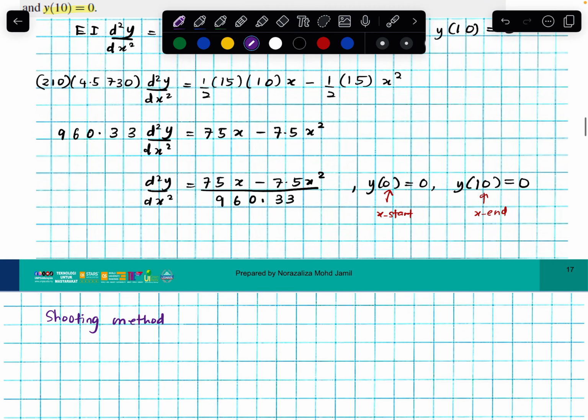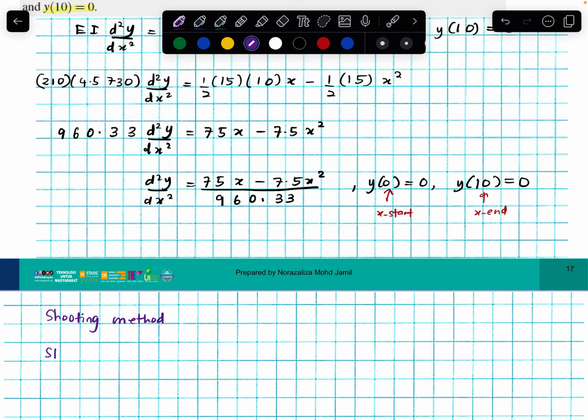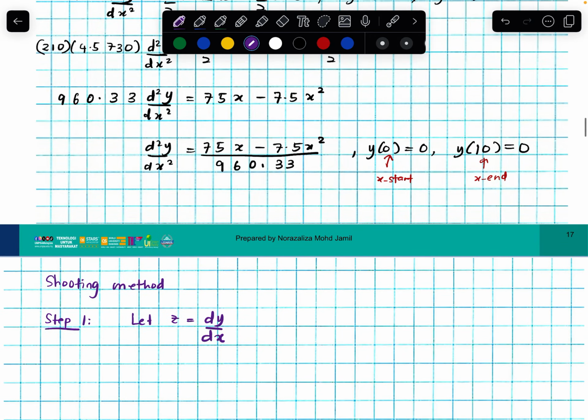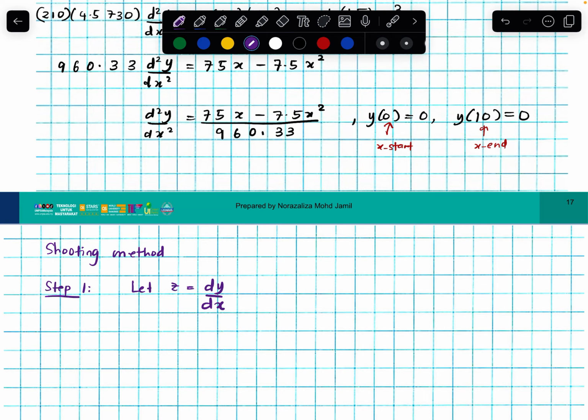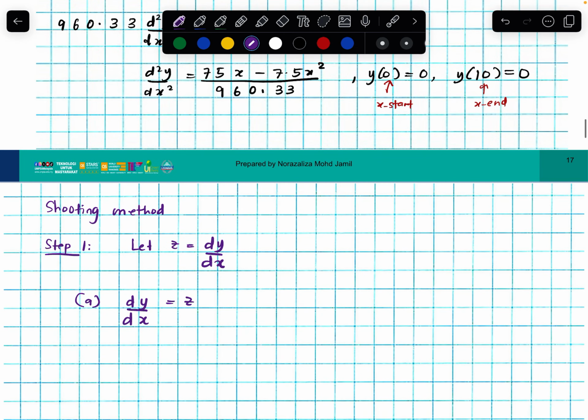By using the shooting method, remember we have to convert the BVP into an IVP. How to do that? In the first step, we introduce a new variable z as dy/dx. So your equation now consists of two first order equations. The first one is the one that you introduced: dy/dx equal to z.